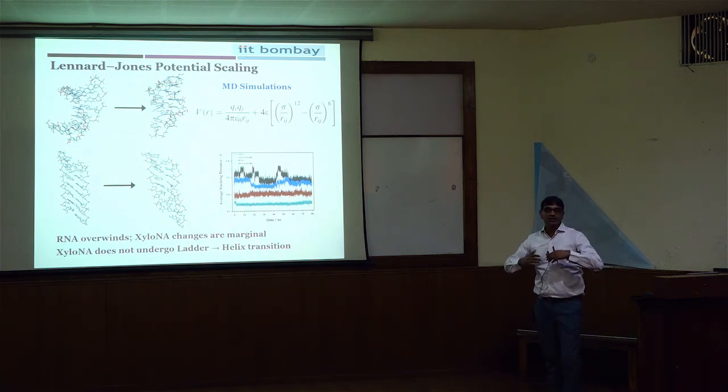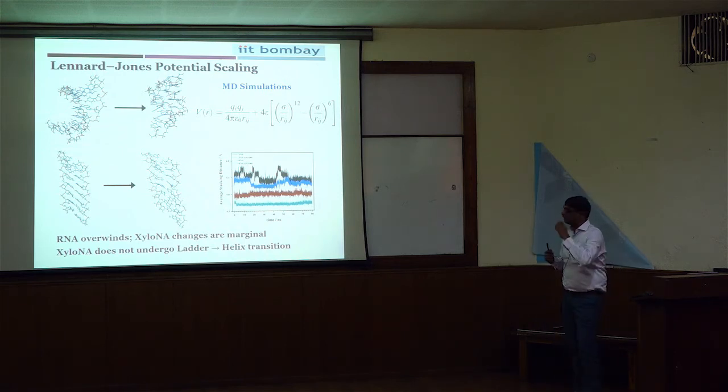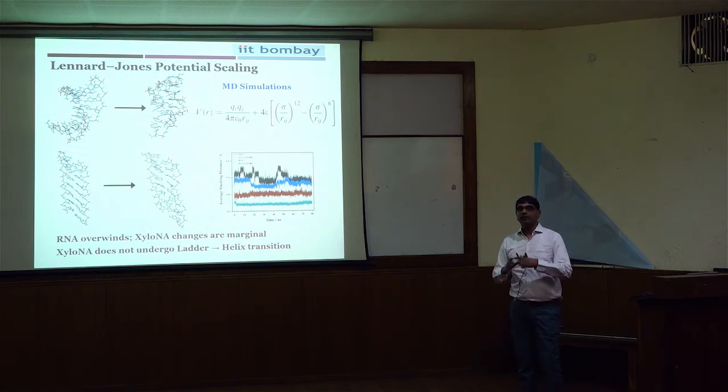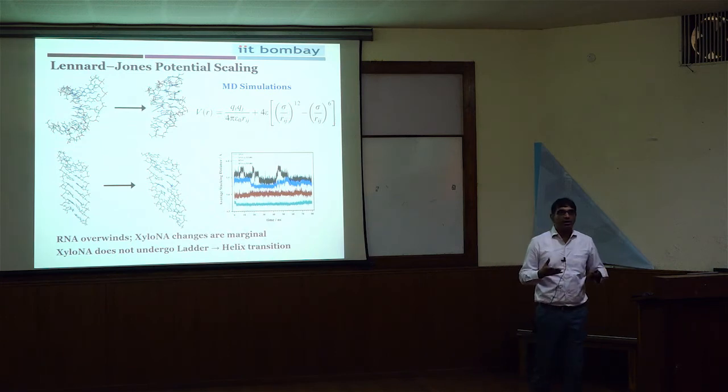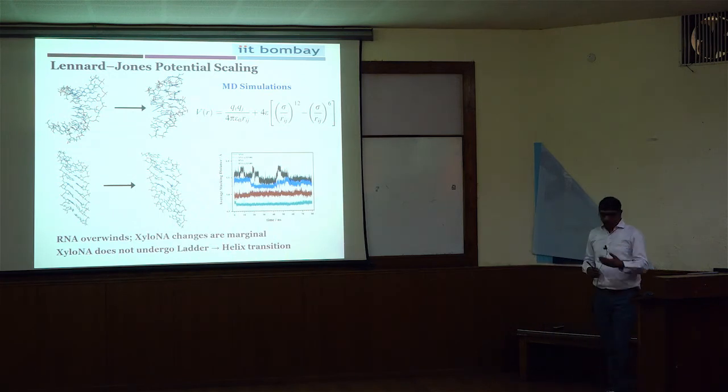Okay. So there is no apparent change in the geometry by increasing the dispersion or epsilon, the van der Waals well depth. So what we figured out is that with RNA, or double strand RNA, you can wind and unwind, but in the case of xylose it is not amenable to structural change. So it is kind of a very rigid body. Okay. So it does not go from helix to ladder.